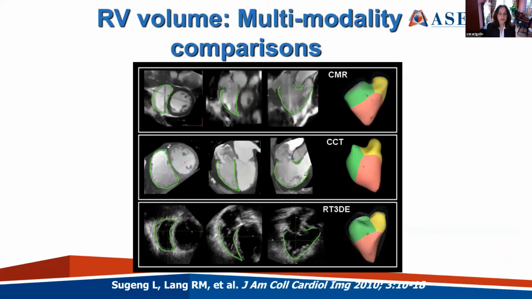So again, if we look at how 3D echo compares to other multimodality techniques, here's a study done by Dr. Lang and his colleagues in 2010, comparing cardiac magnetic resonance imaging to cardiac CT to three-dimensional echo.